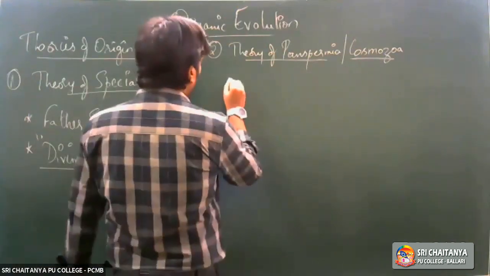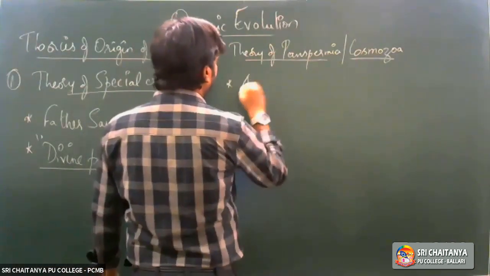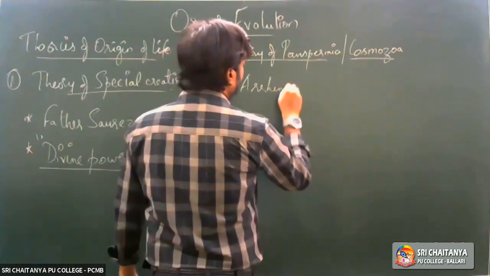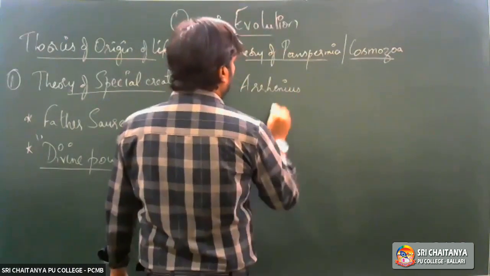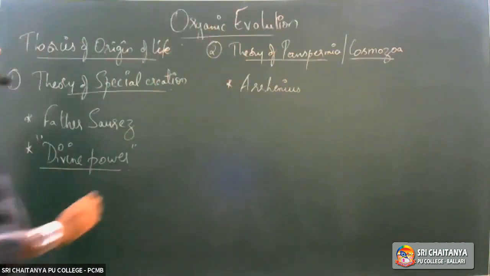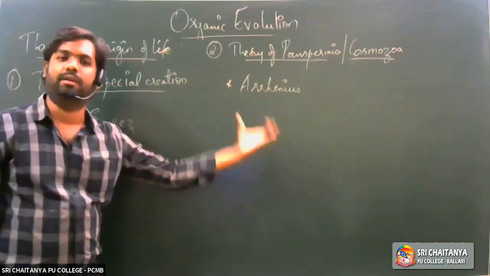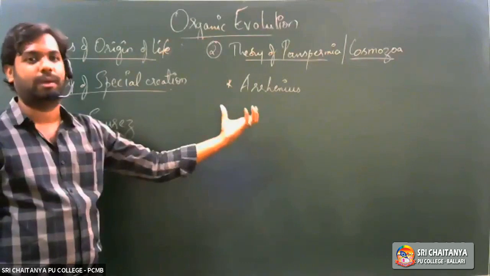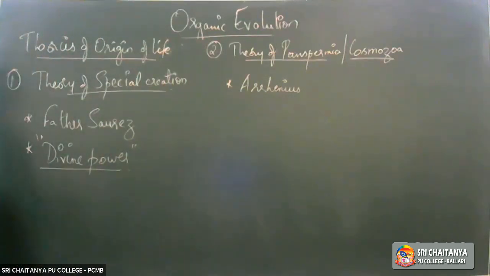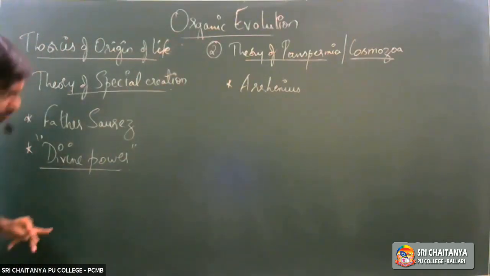The second theory is called the theory of panspermia, or the theory of cosmozoa. This theory was given by a scientist named Arrhenius. I hope you would have heard of Arrhenius. He was the one who came up with this theory called the theory of panspermia.